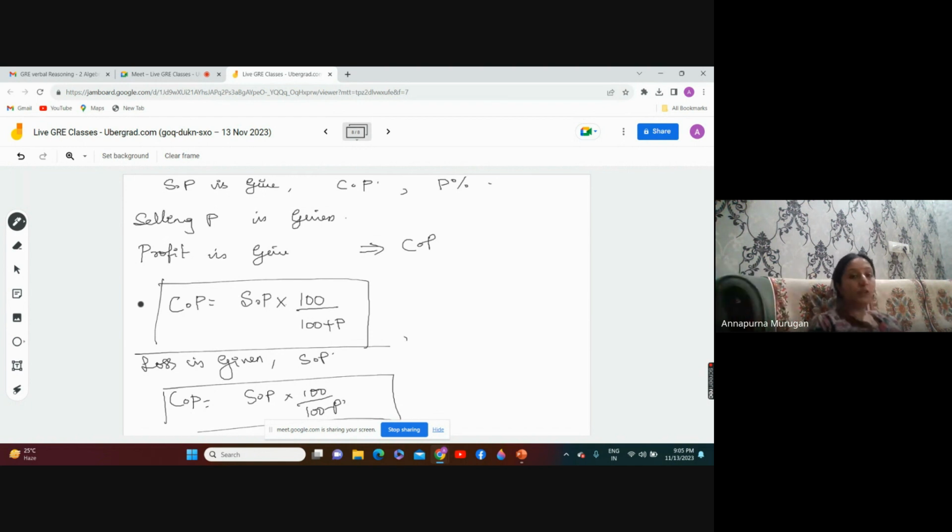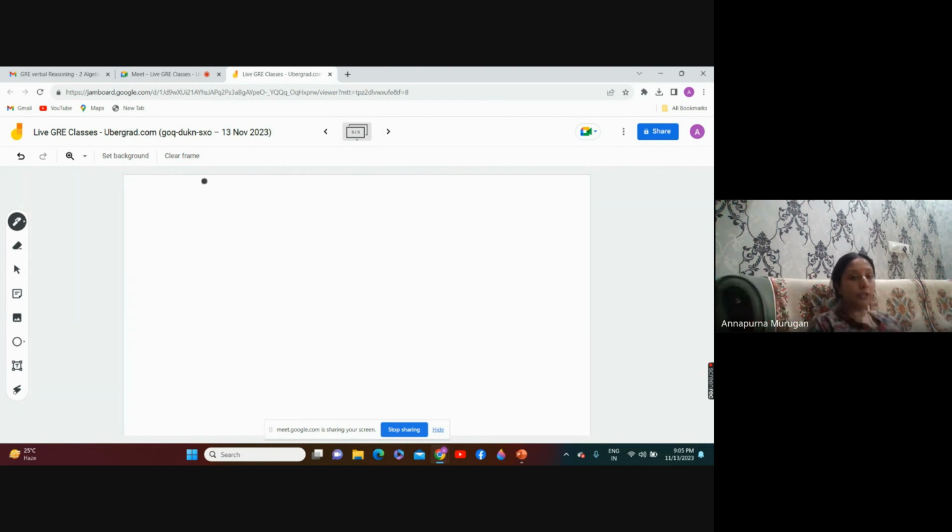Okay. So the next thing we can do here is, how to find the selling price if cost price is given and either profit or loss percentage is given. It is very simple. Selling price is equals to cost price into 100 plus profit divided by 100.